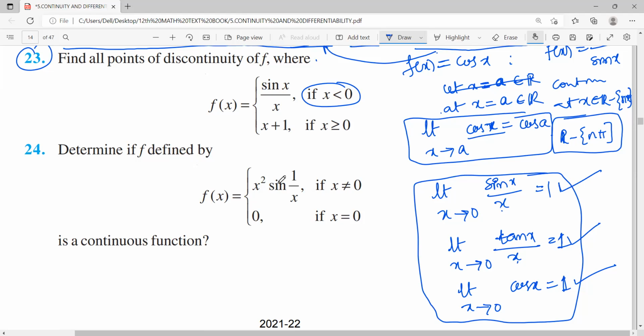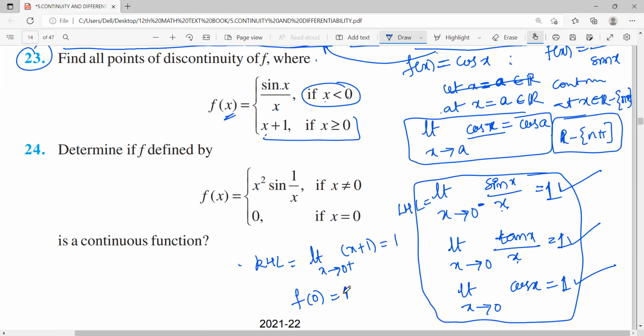So what is the limit at 0? As x tends to 0 minus, the left hand limit, we take sin x by x, which is 1. And the limit as x tends to 0 plus, f of x is x plus 1, which is 1. And f of 0, when you put x equal to 0, is 0 plus 1, which is 1.